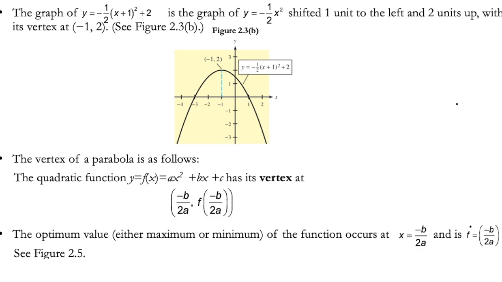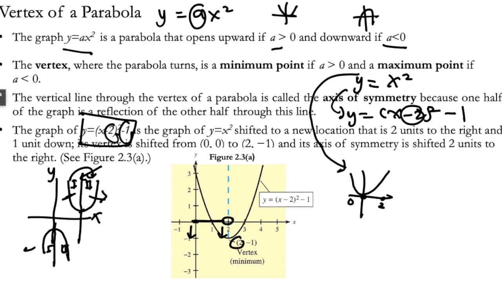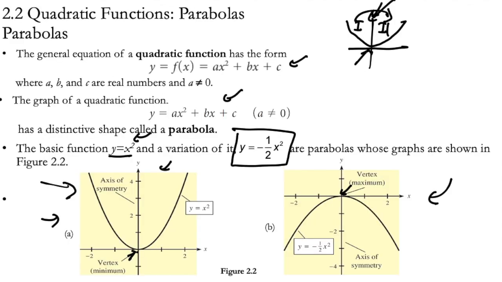Next. If we have a quadratic equation that looks like this, y equivalent to minus 1/2 times (x plus 1) in the bracket squared, plus 2. Initially it was x squared, isn't it?